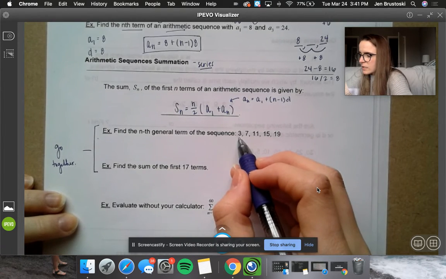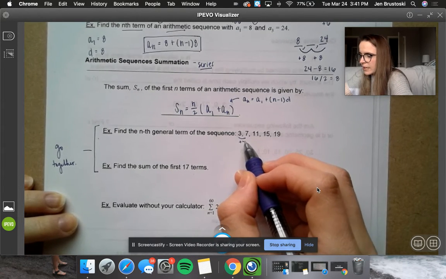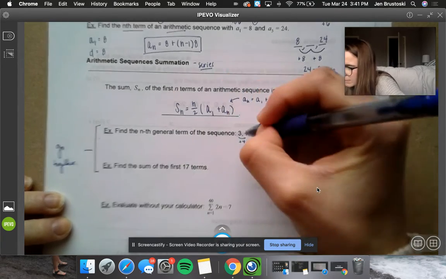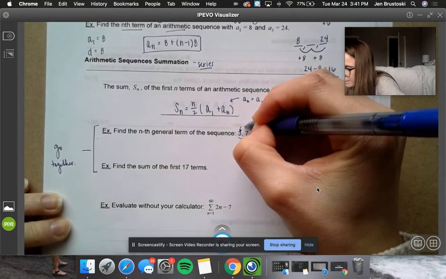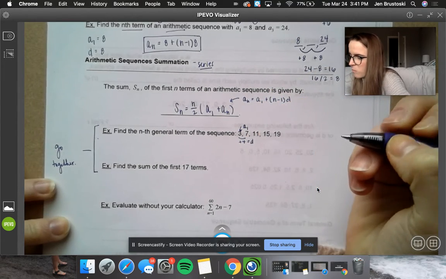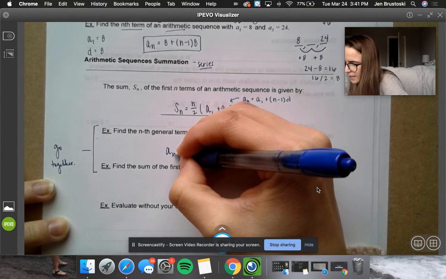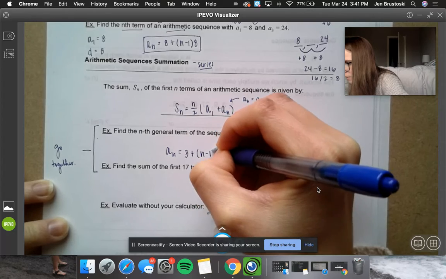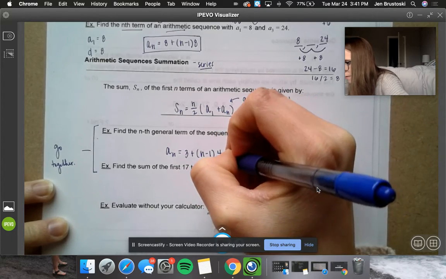Here's my finite sequence. I'm adding 4 each time. And my first term is 3. So 4 is d, a sub 1 is 3. So I have a sub n equals 3 plus n minus 1 times 4.